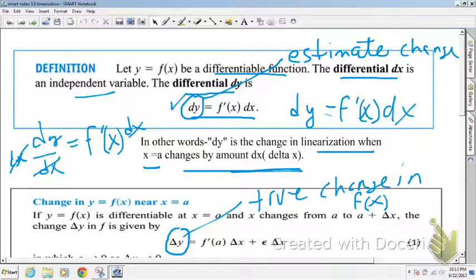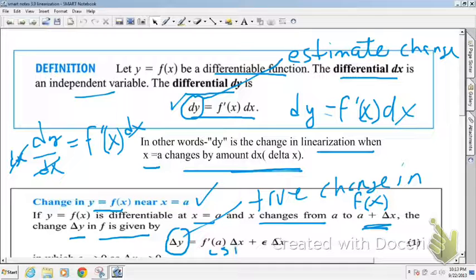So say we're interested in change in y equals f of x, so change in functional values near a point x equals a. Well, if f is a differentiable function at x equals a and x changes from a to say a plus delta x, the delta y in f is given by delta y equals, and here I'm going to translate this, f prime of a delta x.